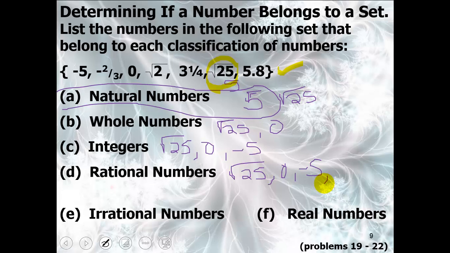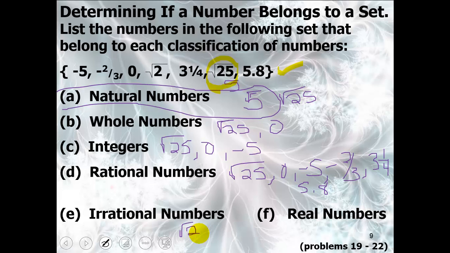So I have -2/3, 3 1/4, and 5.8. The irrational numbers would be square roots of non-perfects, so that's the square root of 2. Do you have any non-terminating, non-repeating decimals? No, so this is the only irrational number.